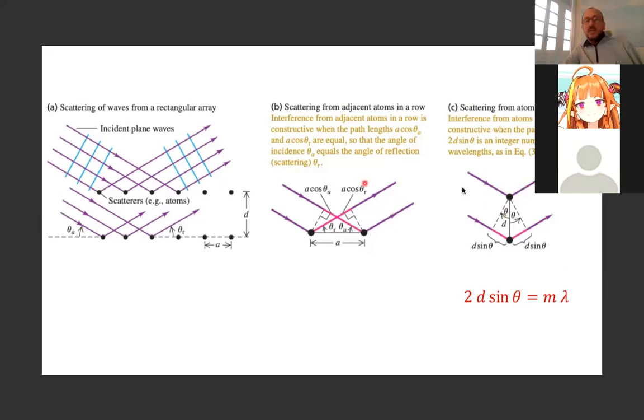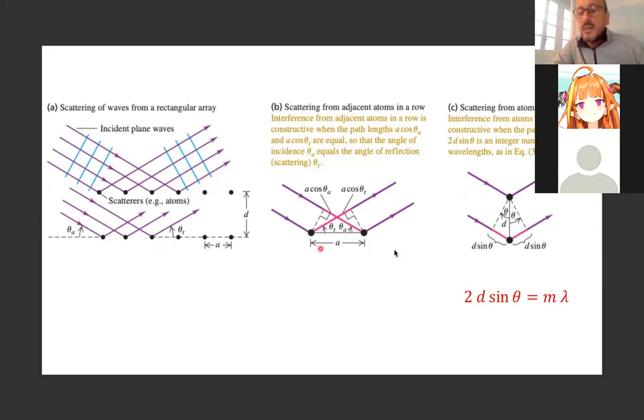So if this angle here is the same as this angle here, so we have this theta and this theta, it means that all the reflections of the X-rays from the surface of the crystal are going to be in phase. Also, all the ones on the bottom are going to be in phase. And everything that is visible in the crystal will be in phase. So everything will be reflected high.